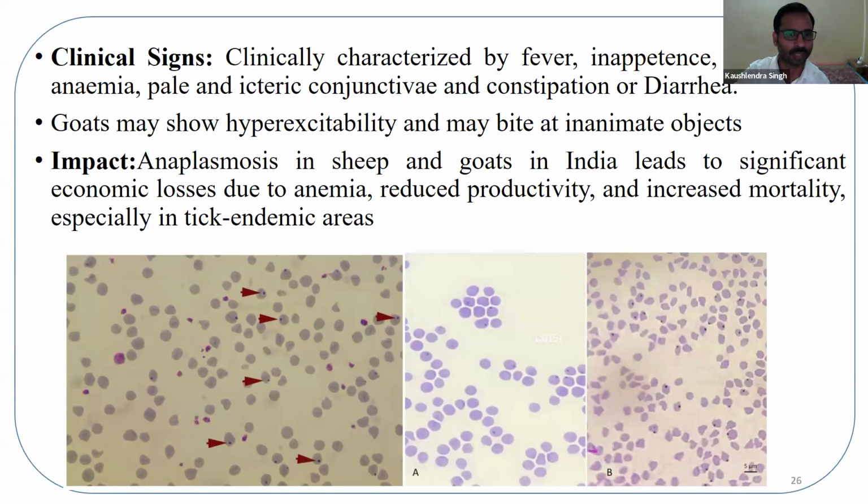The impact of anaplasmosis in sheep and goat in India leads to significant economic loss due to anemia, reduced productivity, and increased mortality, especially in tick endemic areas. Here you can see in this peripheral smear the small round dots inside the RBC.